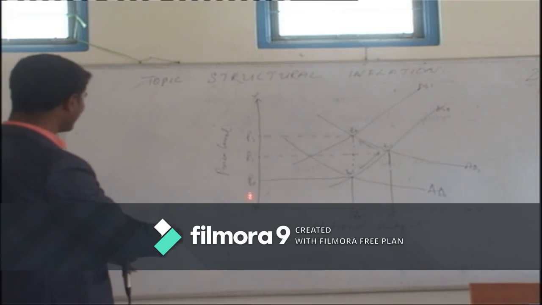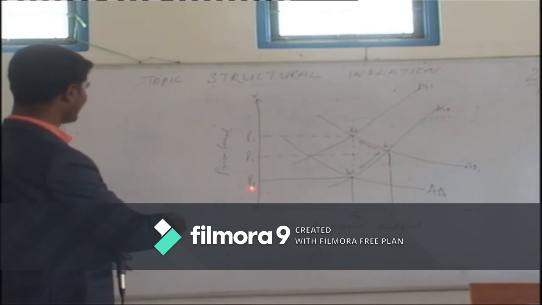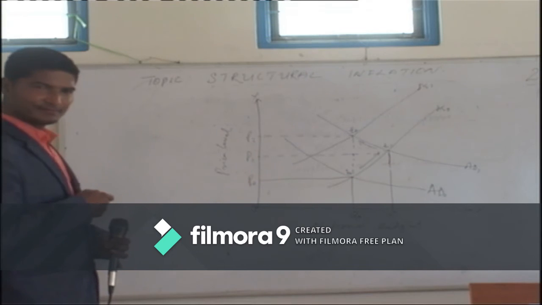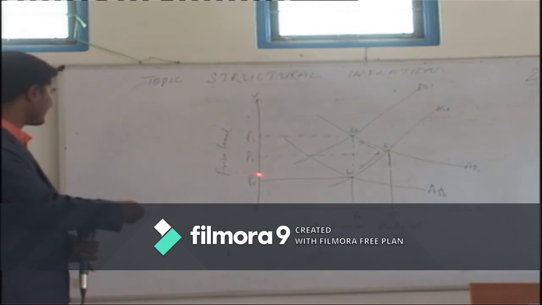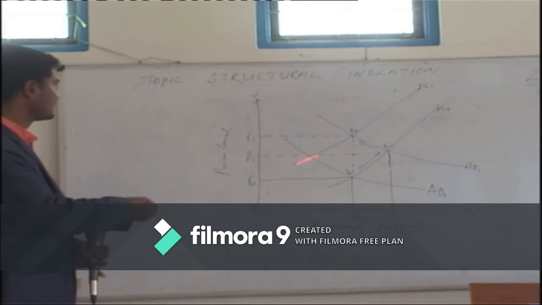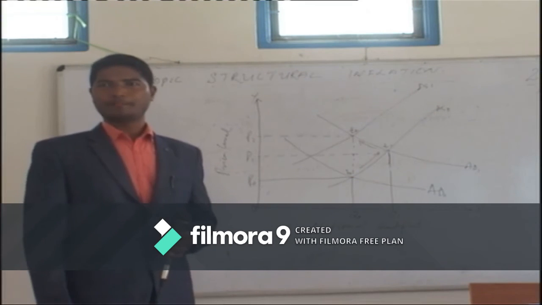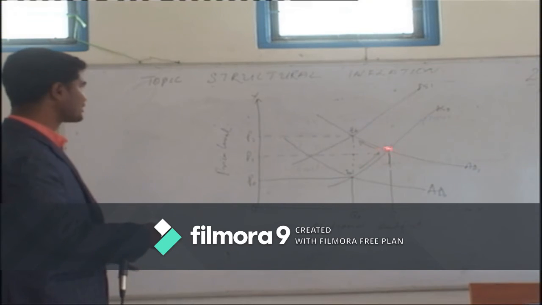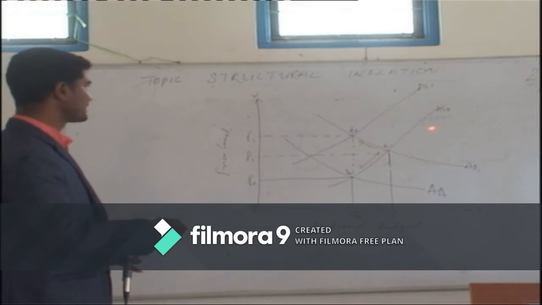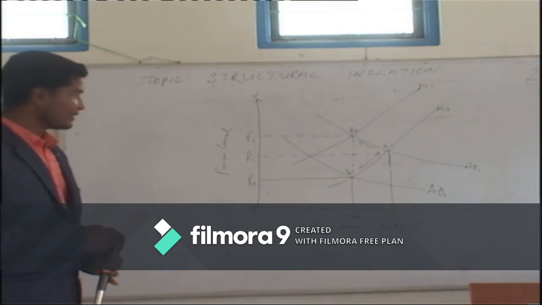This OP1 general price level is higher than OP0. Price is rising. This rise in price is due to demand pull factors.